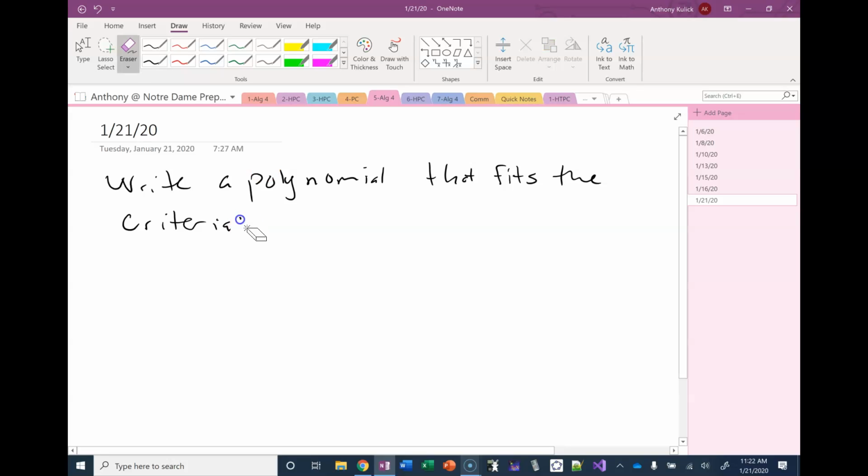So what we're doing today is we're going to talk about how to find a polynomial that fits some criteria. And we're just going to do this kind of by example.